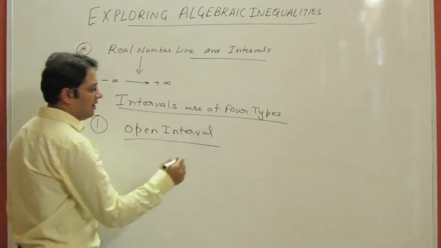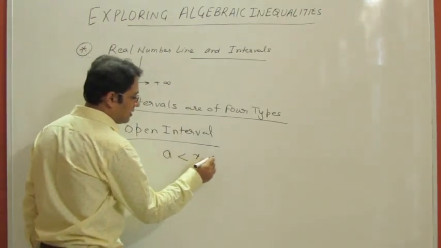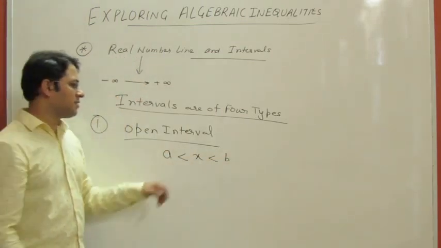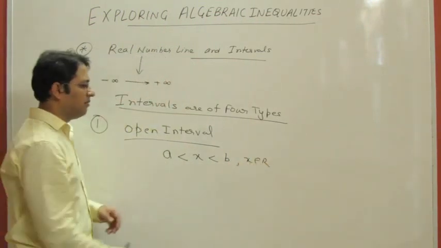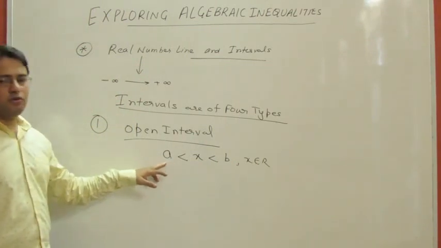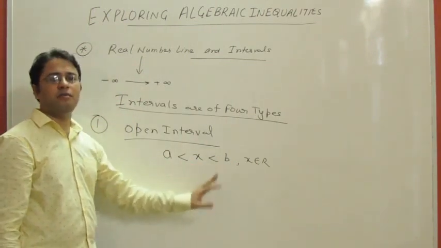In an open interval, we write the values of x as a less than x less than b. That means x is any real number whose value lies between a and b, but it is never equal to a or b.